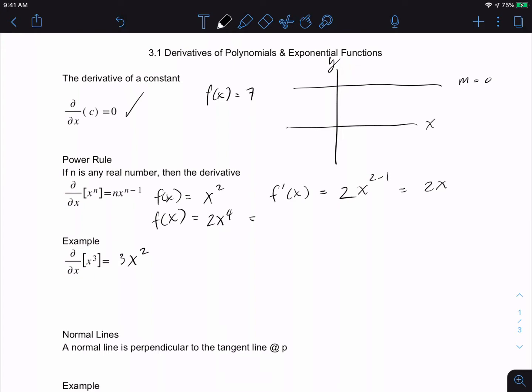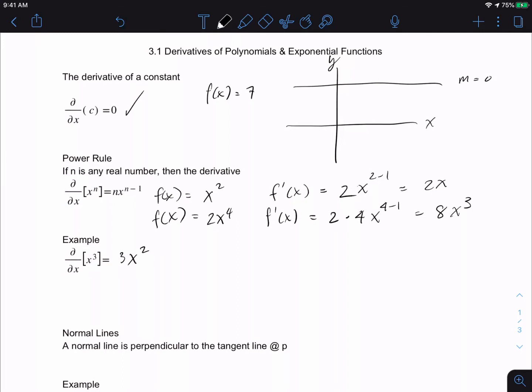The derivative of that is going to have the 2 out front, but then the power rule tells me to bring down the 4 and then go 4 minus 1. So I'm going to get 8x to the 3rd. Does that make sense? That power drops down from the power rule, and then we just subtract 1 from the power, and that will be the derivative.